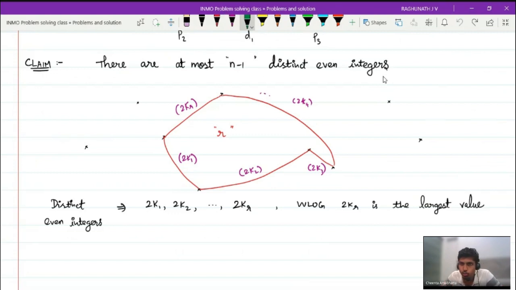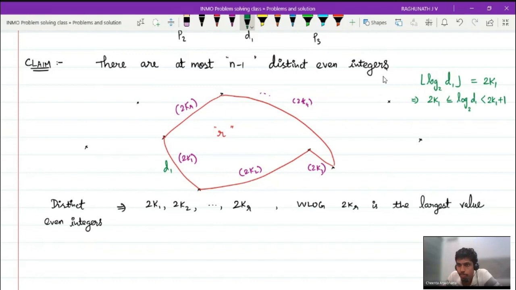Let's say the distance is d1, and the floor of log base 2 of d1 is 2k1, right? Floor means the greatest integer less than or equal to the number itself. So 2k1 is less than or equal to log d1 to the base 2, which is strictly less than 2k1 plus 1, because 2k1 is an integer.